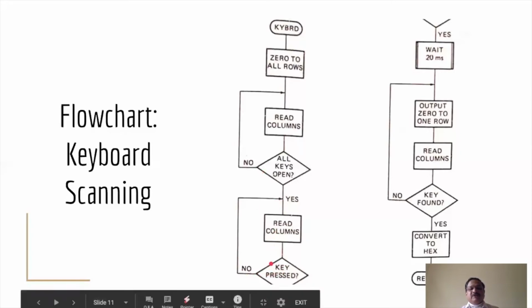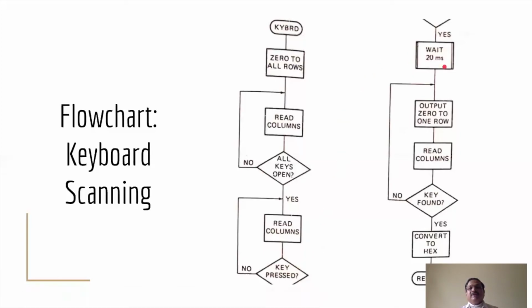Whenever a low is detected on any column, that means a key is pressed, then wait for a 20 millisecond delay. What is this delay required for? For the key debounce period. Because whenever you press the key, it will take some time to reach a stable state.